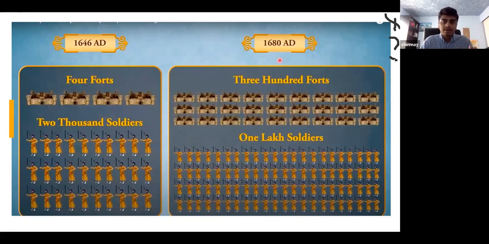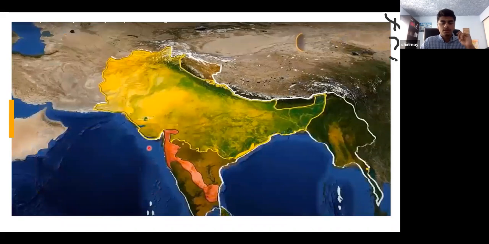By the time he died at 50 years old, his 4 forts became 300 forts, and 2,000 soldiers became 100,000 soldiers. So he built an entire kingdom, an entire empire from scratch. And you can see how the Bijapur Sultanate eventually fell apart, and how, from not even being on the map, Chhatrapati Shivaji carved out this entire empire.